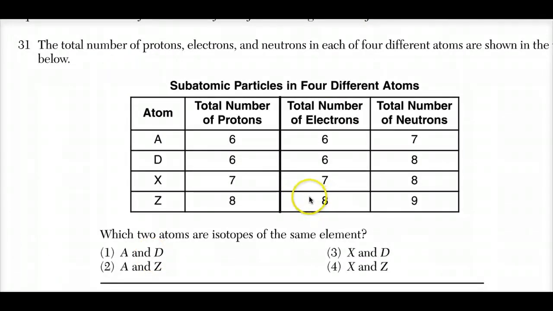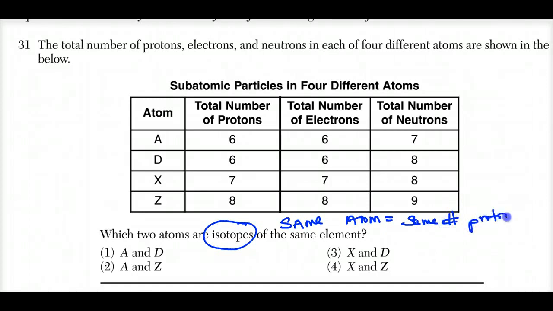Number 31, total number of protons, electrons, and neutrons in each of the 4 different atoms are shown in the table below. Which two atoms are isotopes? Isotopes, my friends in chemistry, are the same atom. If it's the same atom, it's the same number of protons.